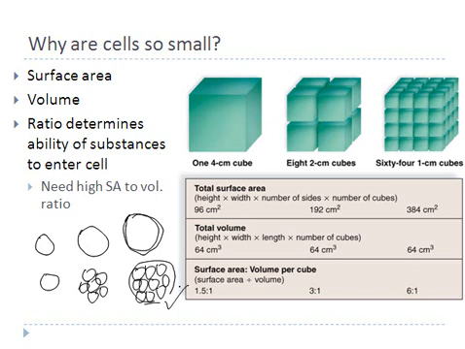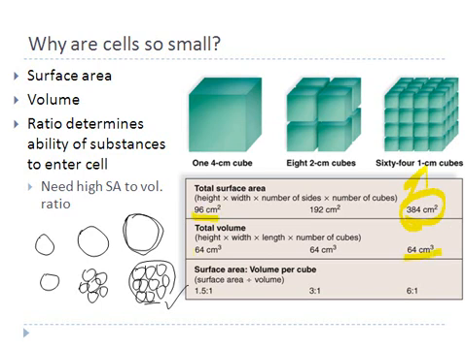This is similar to the concept of cooking a steak or a pound of ground beef. Ground beef will cook faster because it has more surface area to volume ratio. So you can see in this image over here, in the same dimensions that are shown, 64 one-centimeter cubes give you a total surface area of 384 square centimeters with the same volume.